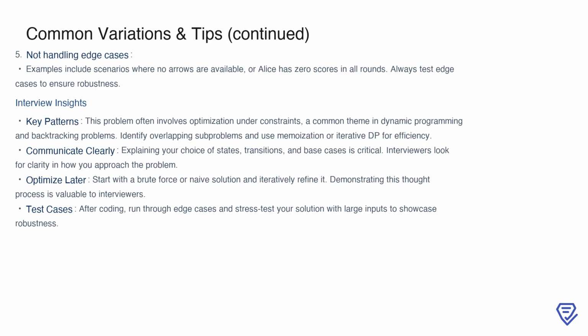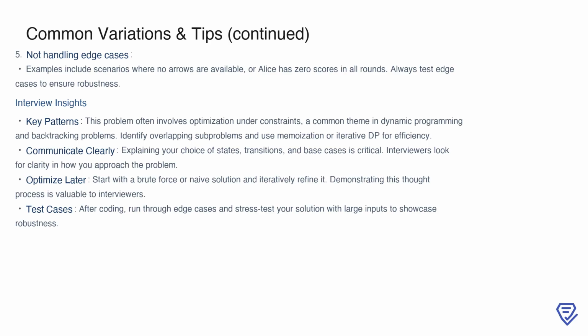From an interview perspective, this problem highlights several key patterns. It's a great example of optimization under constraints, which is common in both dynamic programming and backtracking problems. To solve efficiently, identify overlapping subproblems and use techniques like memoization or iterative DP. When explaining your solution, communicate your choice of states, transitions, and base cases clearly.